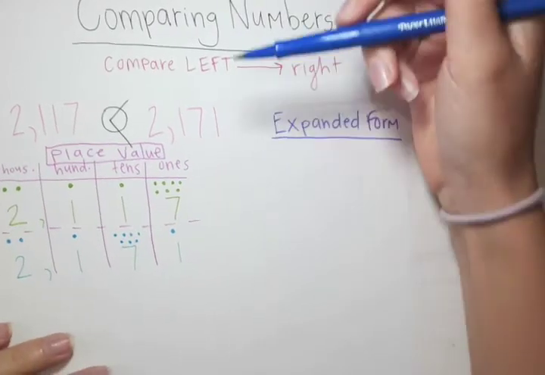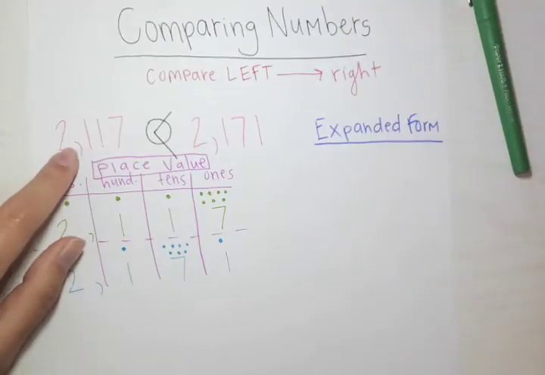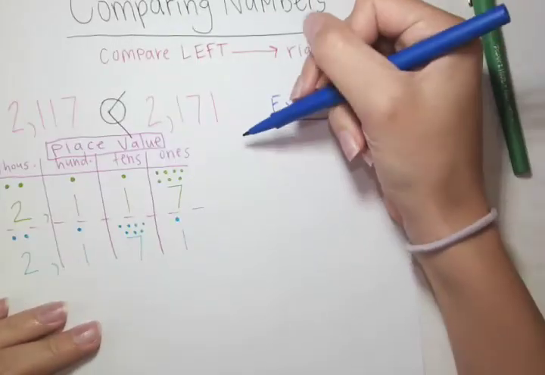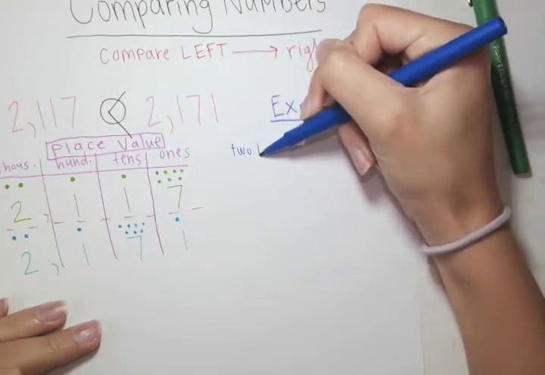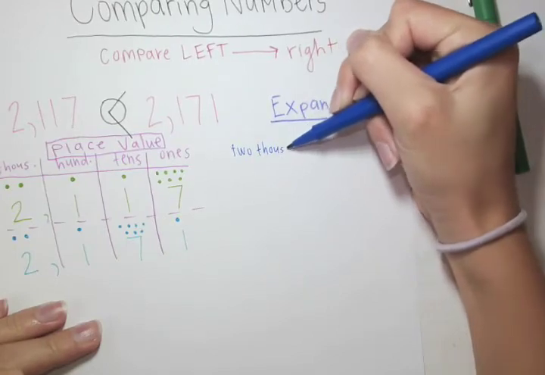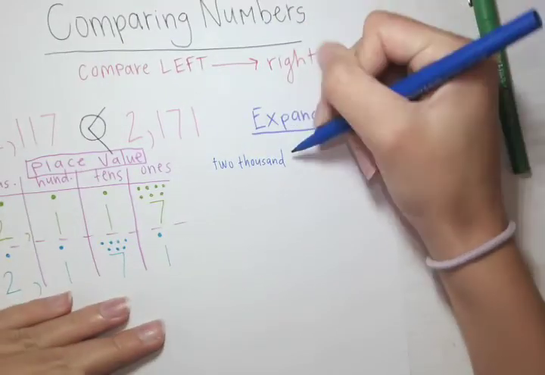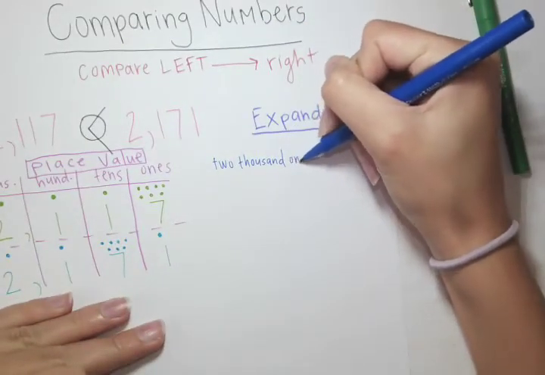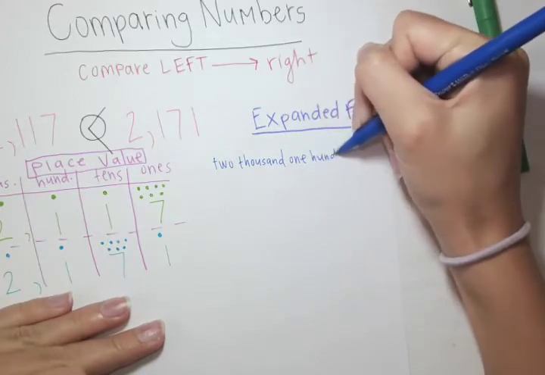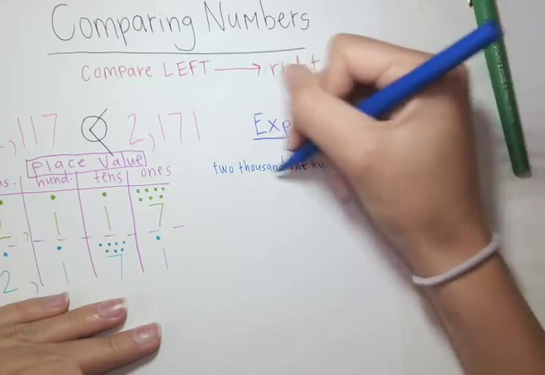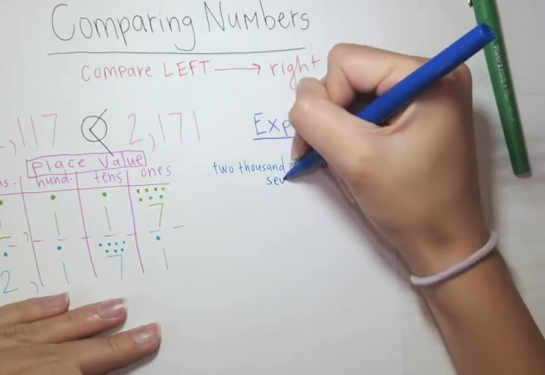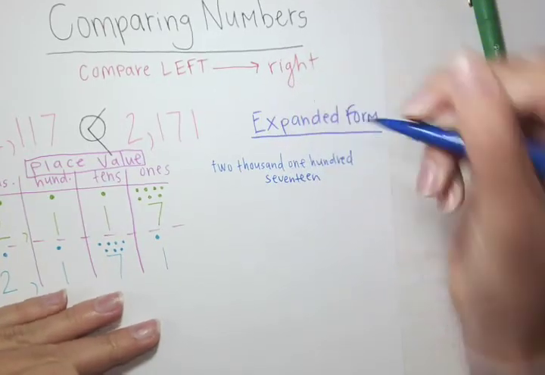So our first number is 2,117. So 2,000, 100. Oop, I kind of ran out of room. I'll write down here. 17.